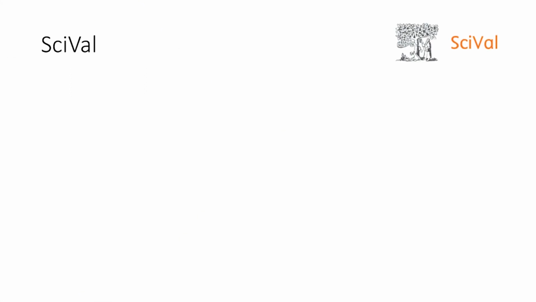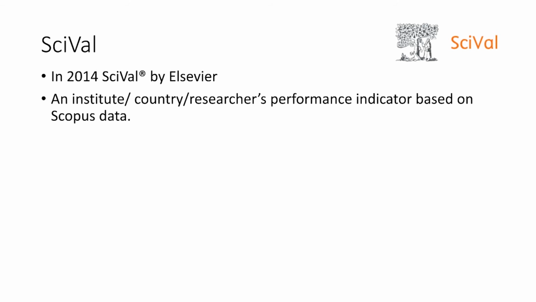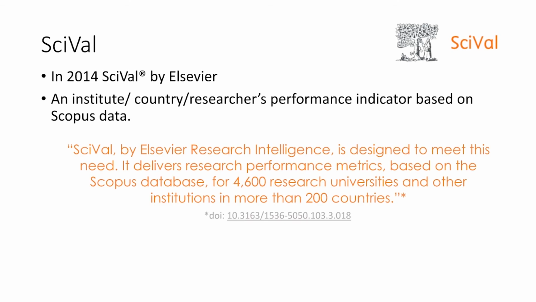The next one is SciVal. What is SciVal? Recently in 2014, Elsevier introduced a new metric, SciVal. It is an institute, country or researcher's performance indicator based on Scopus data. SciVal by Elsevier Research Intelligence is designed to meet this need.